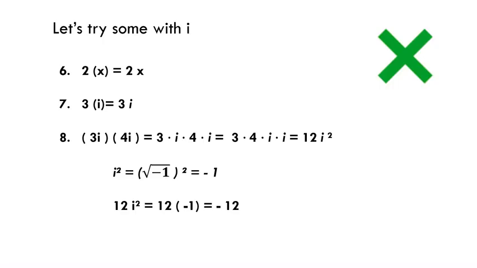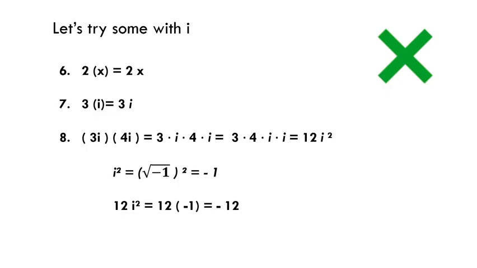When you multiply, you multiply the coefficients, so 3 times 4 is 12. And then i times i is what? i squared.